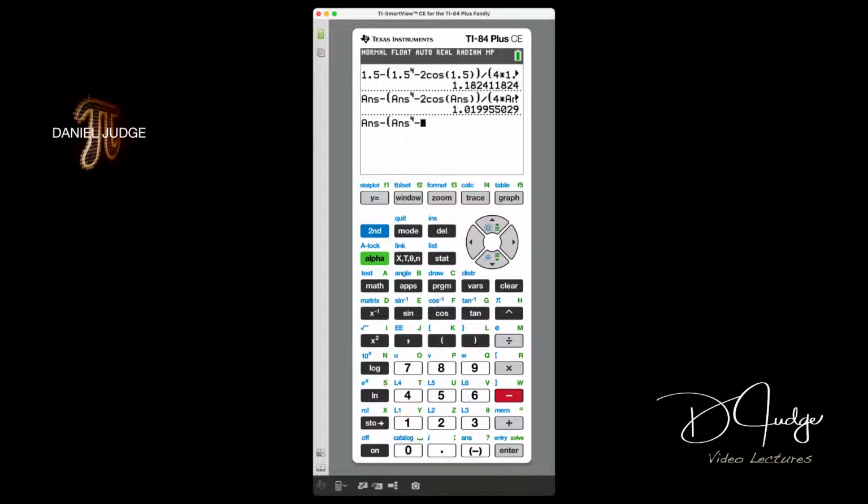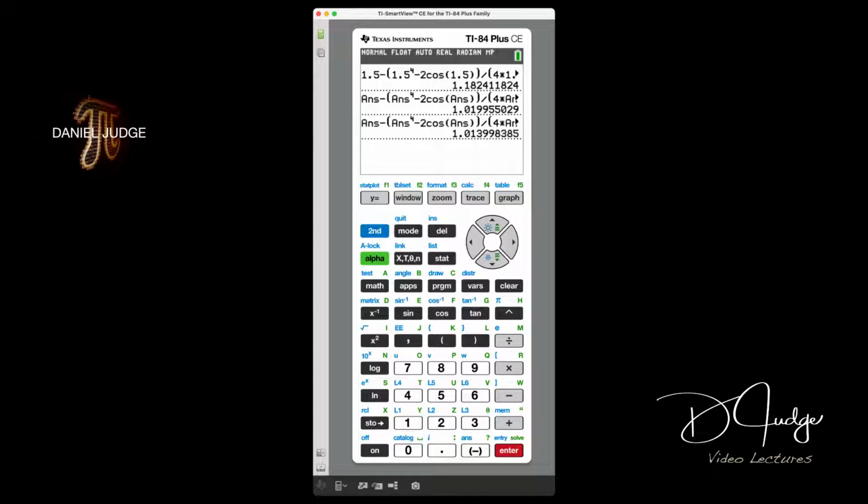Come out of there. Minus 2 cosine of that answer. Close that. Divided by 4 times that answer raised to the third power. Come out of there. Plus 2. Remember, on the bottom it was sine. Sine prior answer. Close that twice.